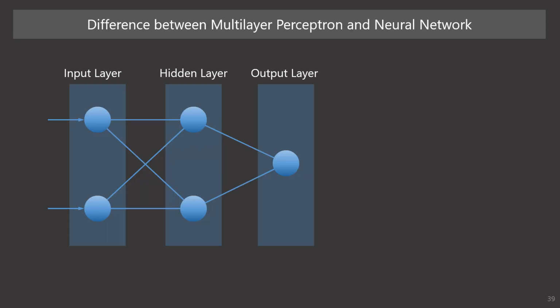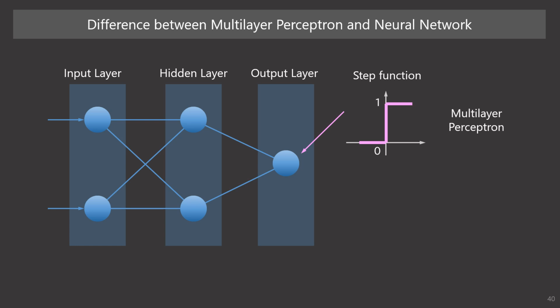The difference between a multi-layer perceptron and a neural network lies in the difference in activation function applied to the output layer. While a multi-layer perceptron uses step function as the activation function, a neural network uses other activation functions like sigmoid function.